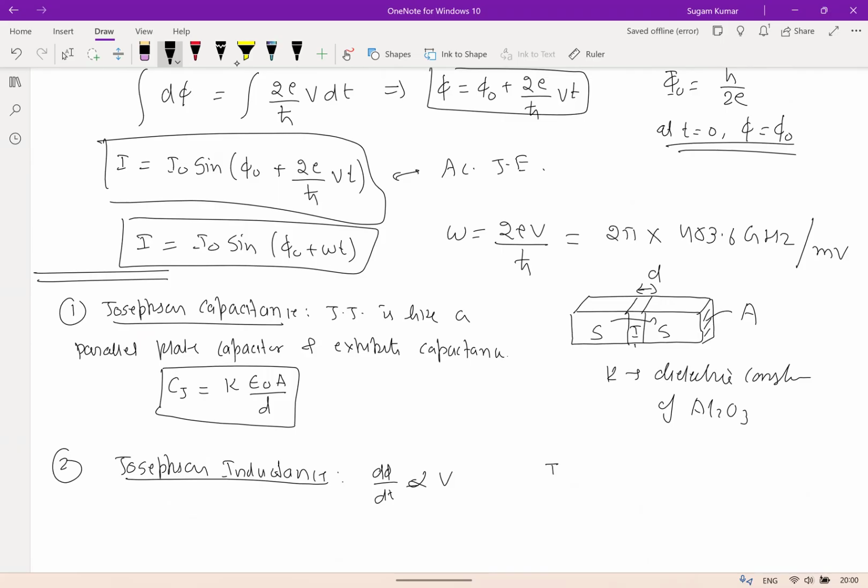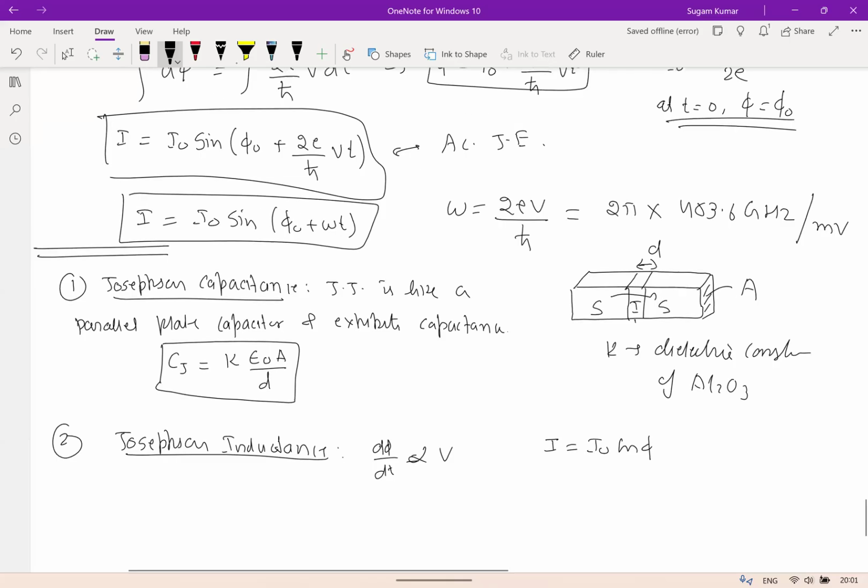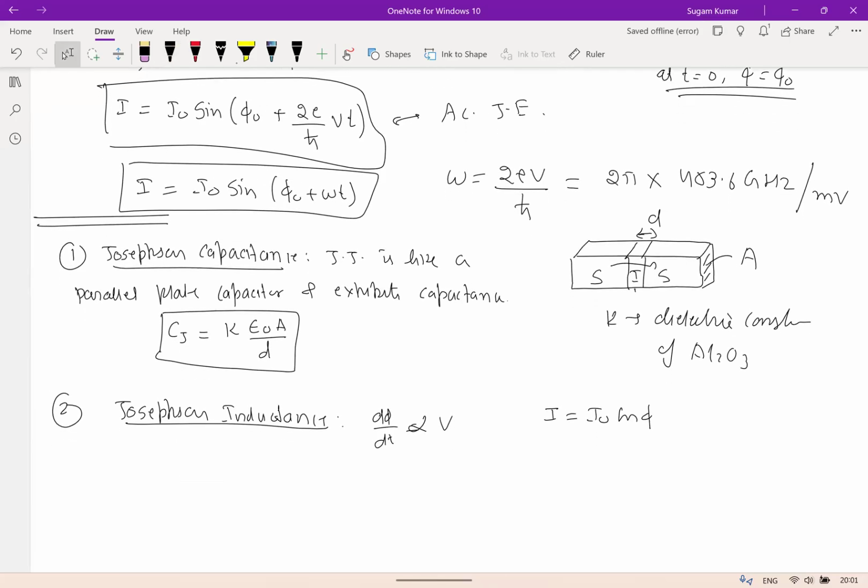And also I equals I naught into sin phi. Since the Josephson relation indicates that if phi is changing with time, this is going to cause a finite voltage across the Josephson junction. Therefore, I can say that this Josephson junction is actually going to behave like an inductance.